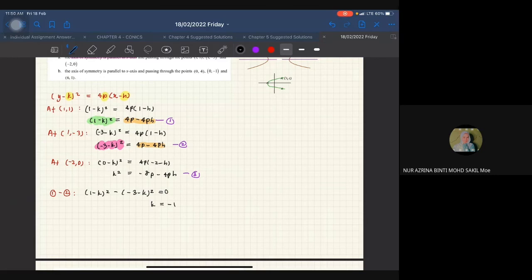So apa lagi yang kita boleh buat? So you can substitute this value of k into mana-mana equation yang awak nak. So 1 boleh, 2 boleh, 3 pun boleh. Okay, so that kita boleh dapat dua equation yang ada dua variable sahaja. Betul. Okay, so saya substitute k into 1 and 2.